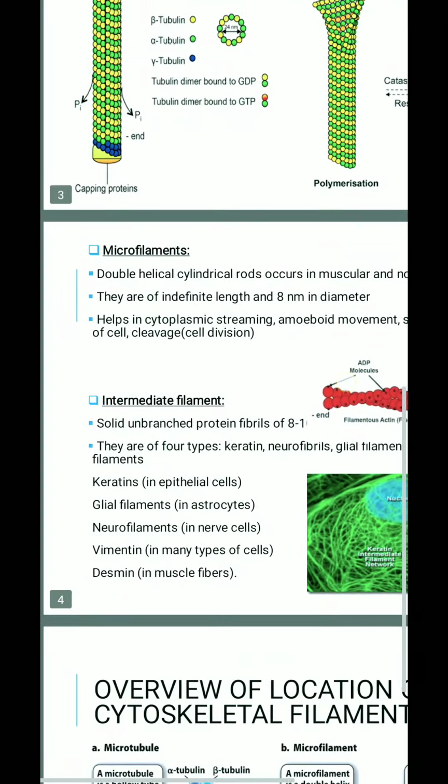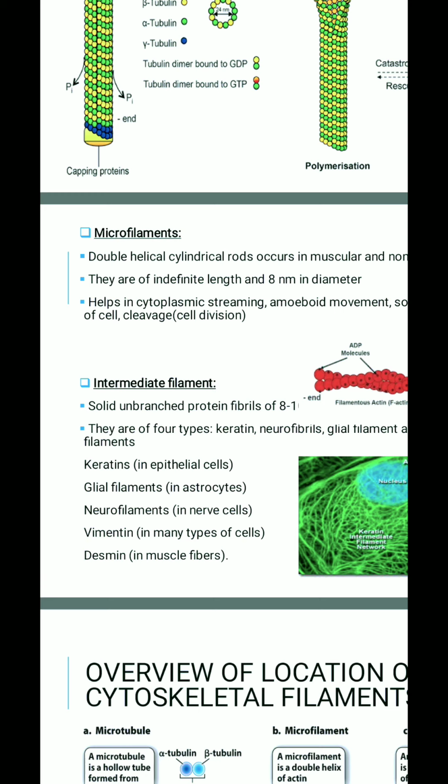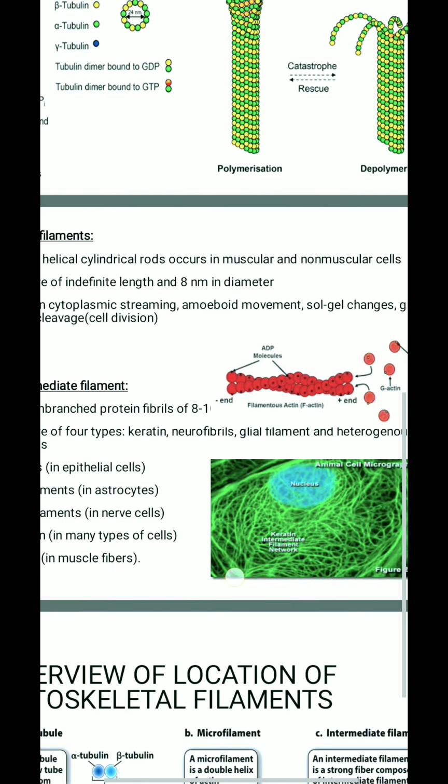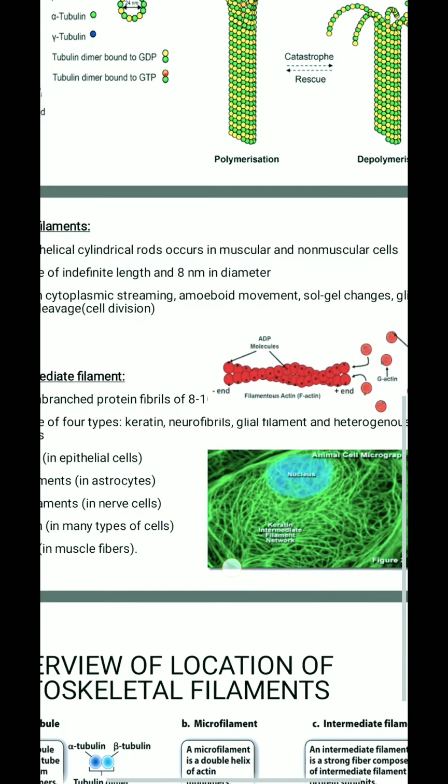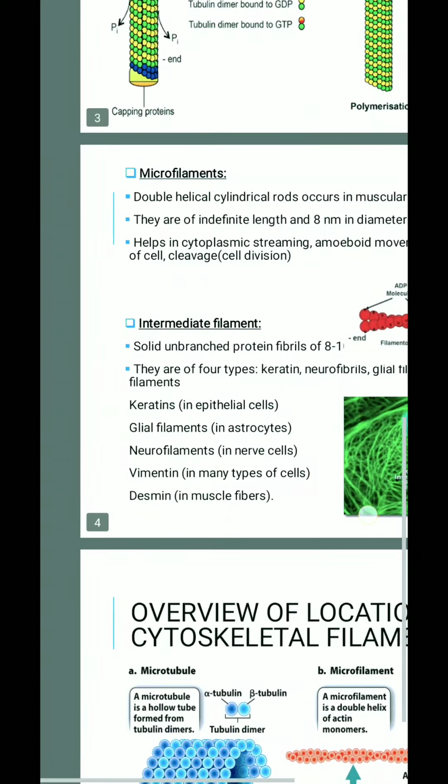Now the last category of the cytoskeleton is the intermediate filament. These are solid as well as unbranched protein fibrils, and they are 8 to 10 nanometers in diameter. They are basically of four types: keratin, which we already know is present in our hair as well as nails, the neurofibrils, the glial filaments, and the heterogeneous filaments.